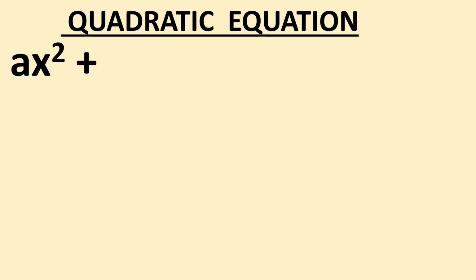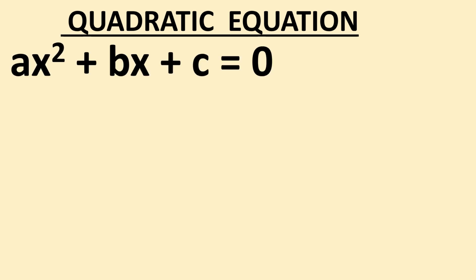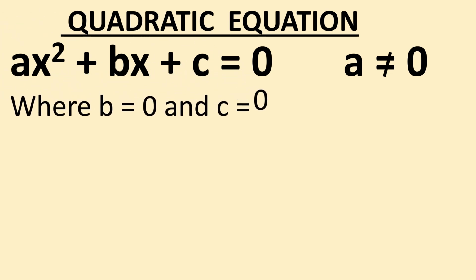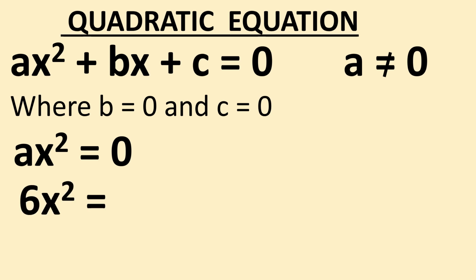So once again, we'll be looking at the quadratic equation. This time around, we'll be looking at the scenario where b is equal to 0, and also where c is equal to 0. That knocks off both the second and the third term.